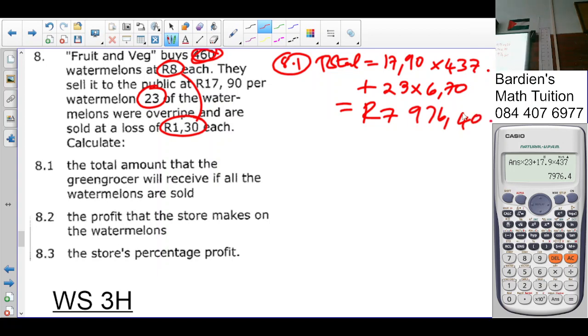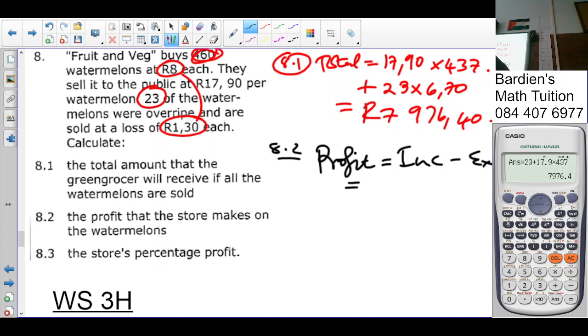You guys understand? Next question, 8.2. The profit that the store makes on the watermelons. Profit is going to be your income minus your expenses. What's the income? 7,976 rand and 40 cents, minus the expenses, what it cost.